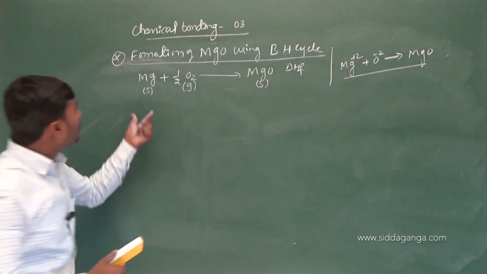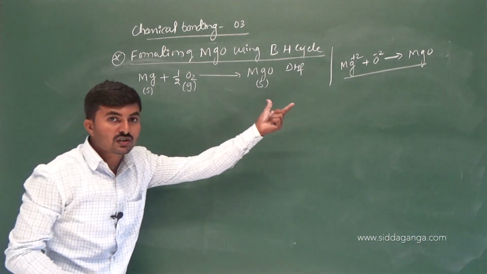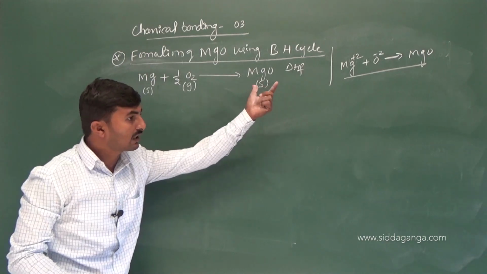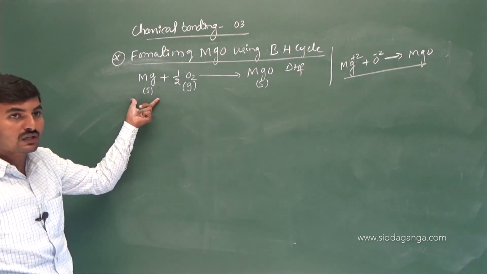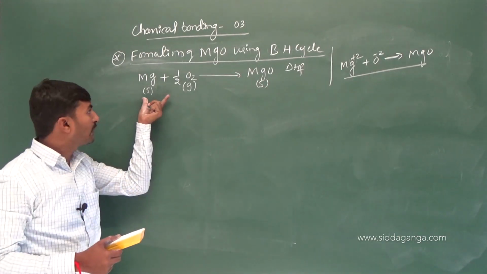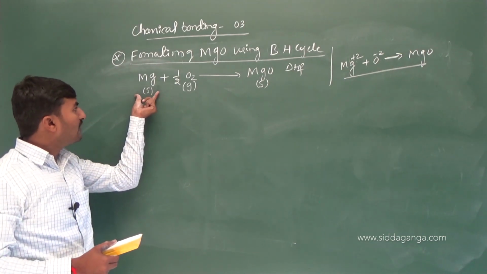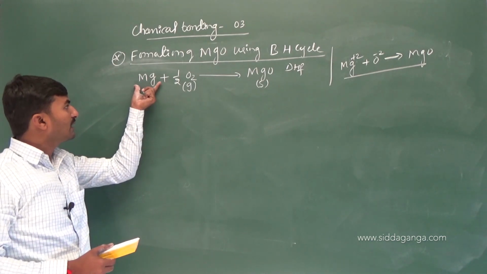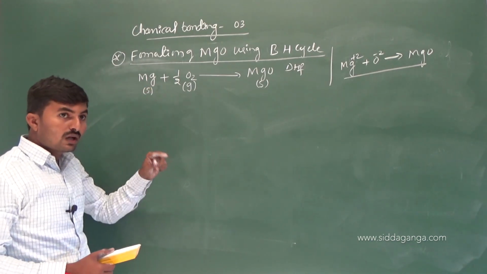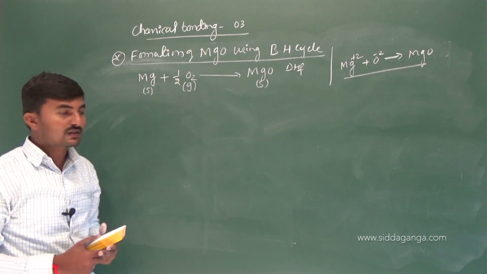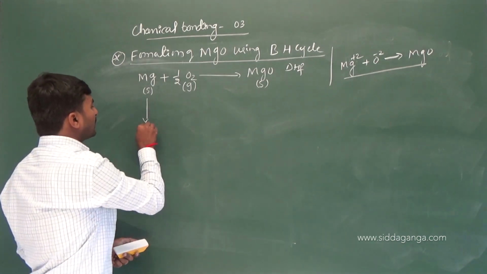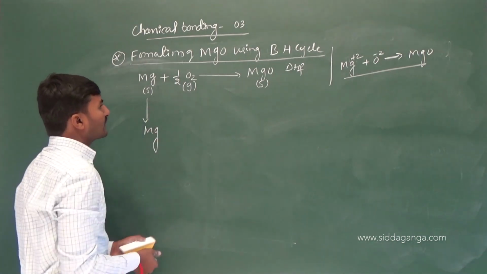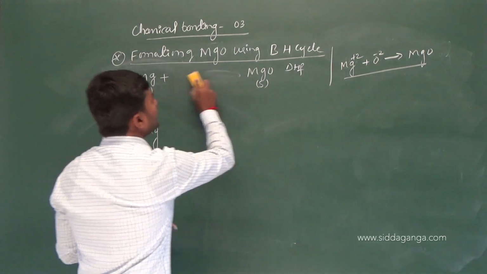Okay, in order to convert magnesium into the magnesium dication, what is the procedure we have used? As in the last example, in order to convert the solid into a gaseous state, first we have to convert the magnesium in a solid state into magnesium in a gaseous state. That process is called sublimation.